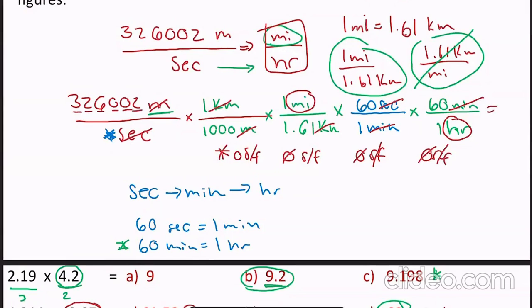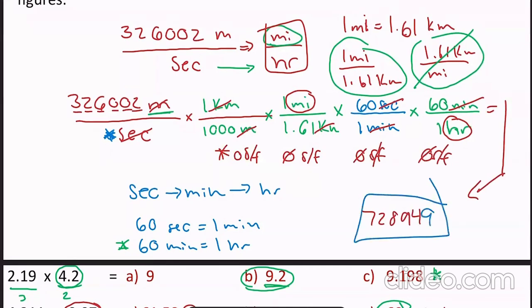Then our answer here, 7, 2, 8, 9, 4, 8.5. So let's round and we'll make that a 9 miles per hour.